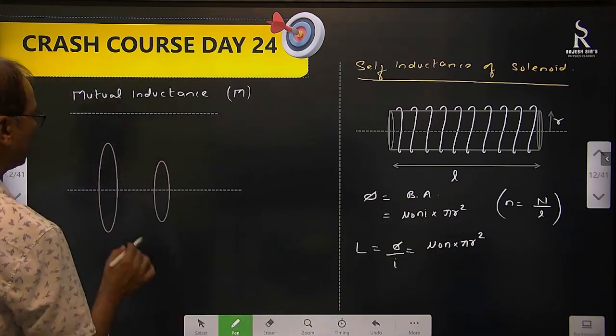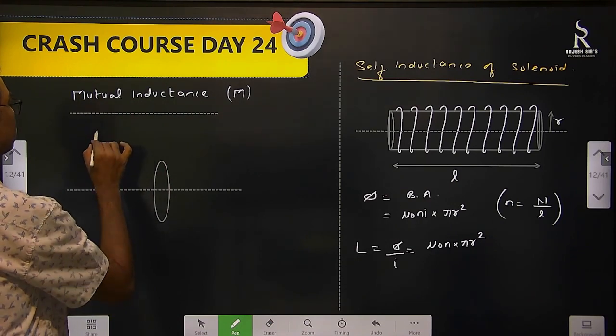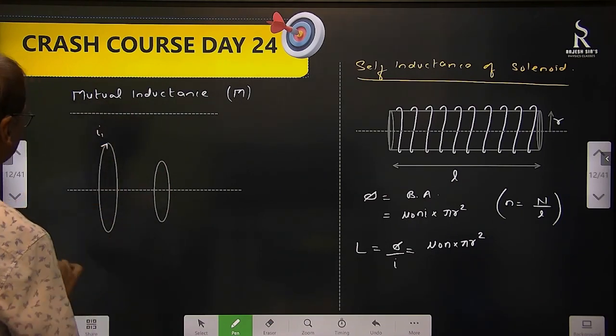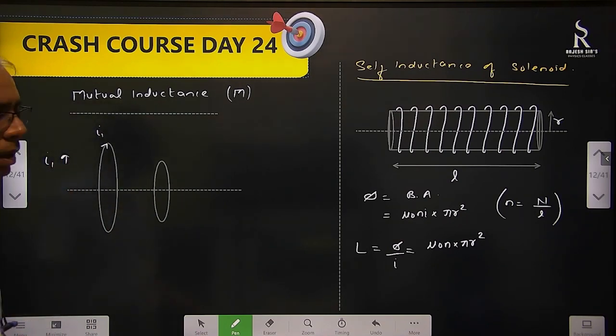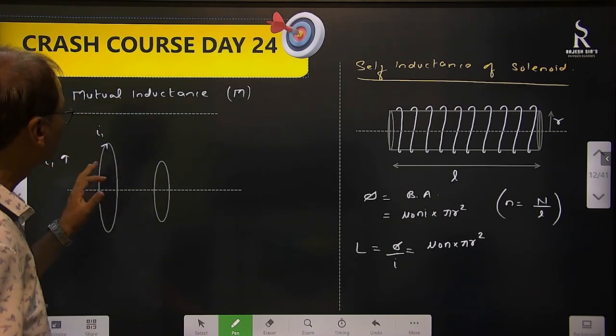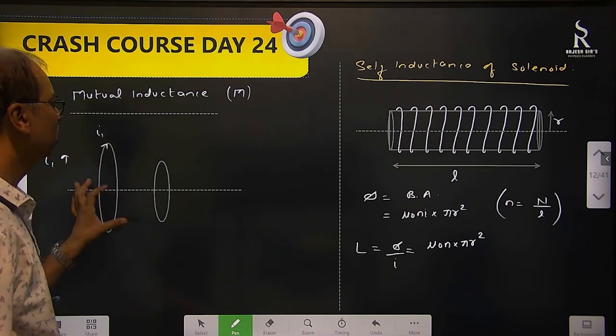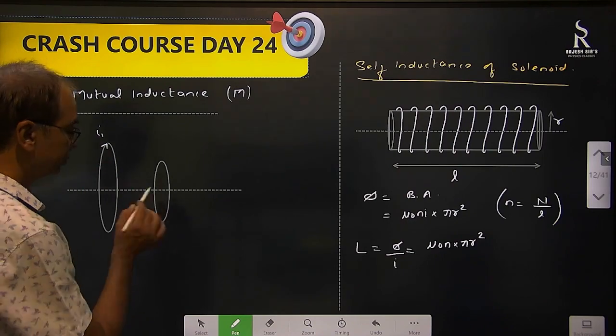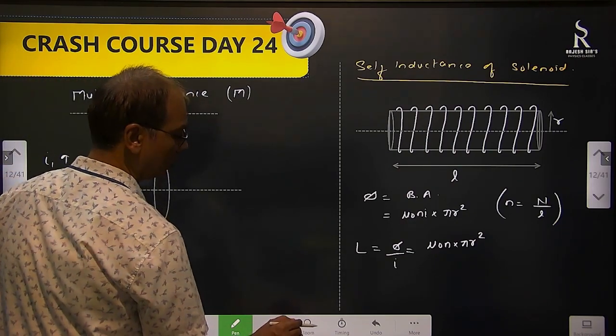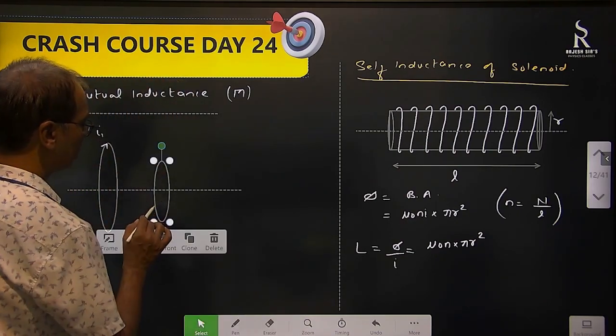Right. Now in this one what's happening? Current is here. And this current you are changing. You increase it or decrease it. So when you are increasing or decreasing, or if current is there in this coil, there is magnetic field, and magnetic field is also passing through this coil, which is here. We'll make it little closer.